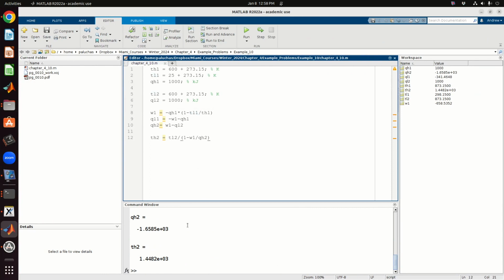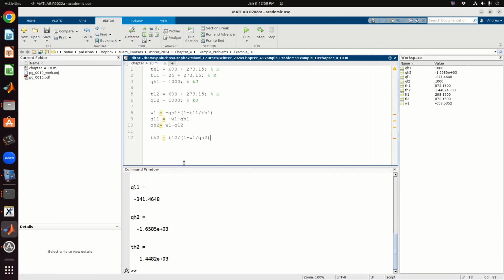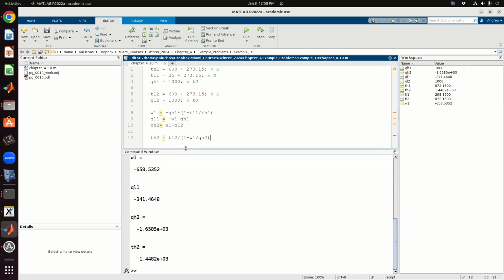Okay, so running, it works. And we get that W1 is a negative 658.5352. That'd be kilojoules. So it's negative because it's work done by System 1 on our surroundings, which then becomes a work input for System 2. So W2 would be a positive 658.5352 kilojoules.